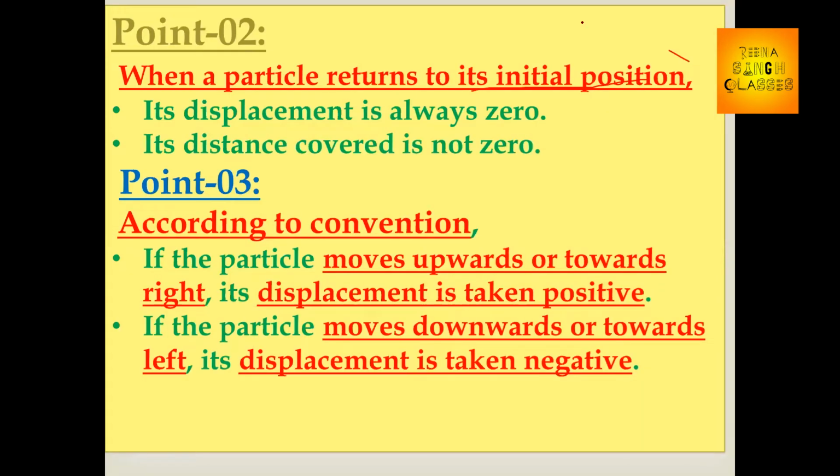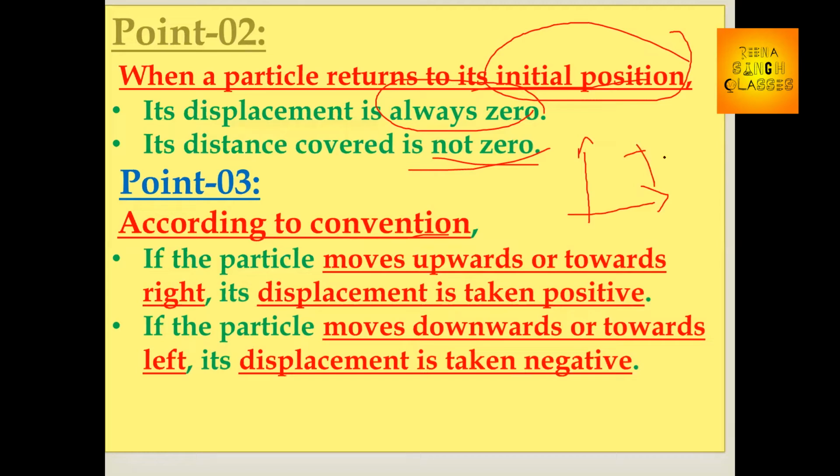Point 2: when a particle returns to its initial position, its displacement is always zero, but the distance covered is not zero. Point 3: according to convention, if the particle moves upward or towards the right, its displacement is positive. If an object is moving left or downwards, its displacement is taken as negative.